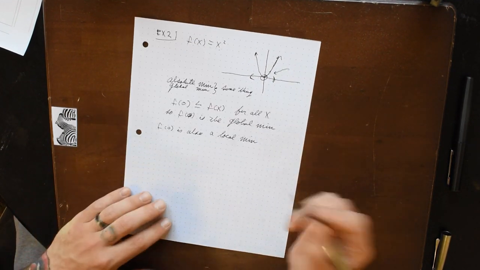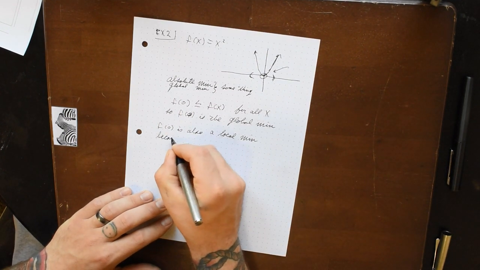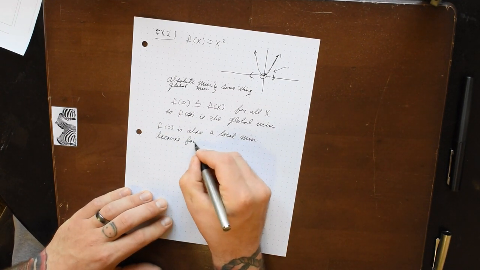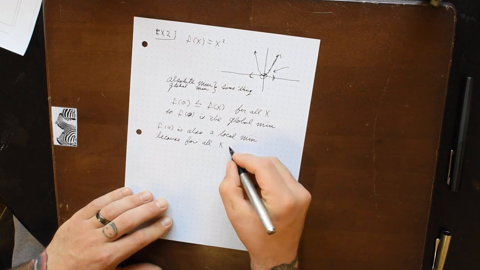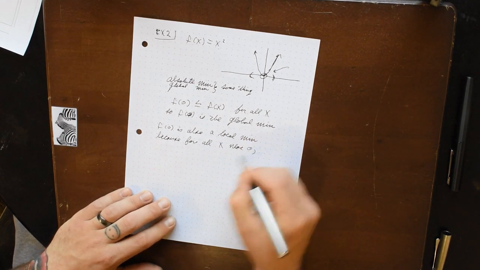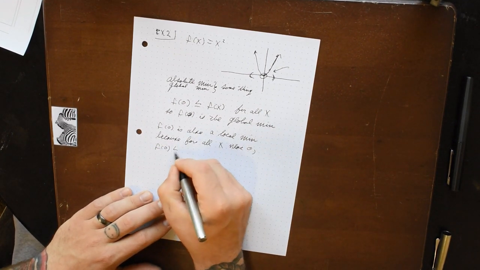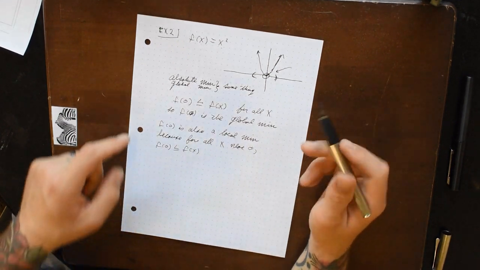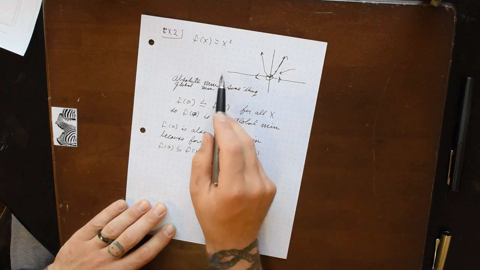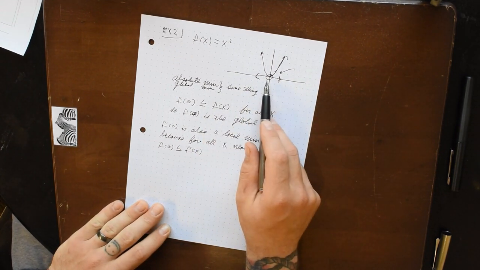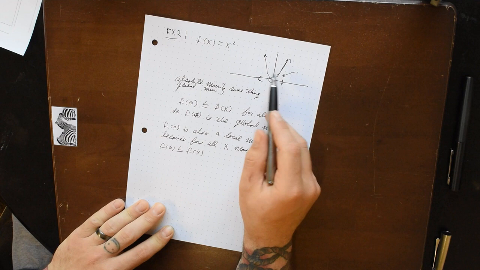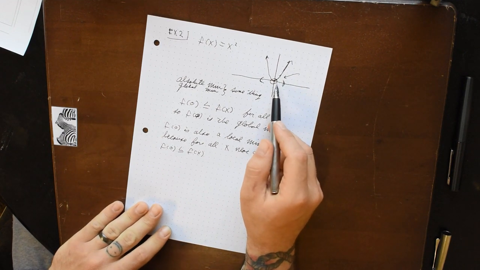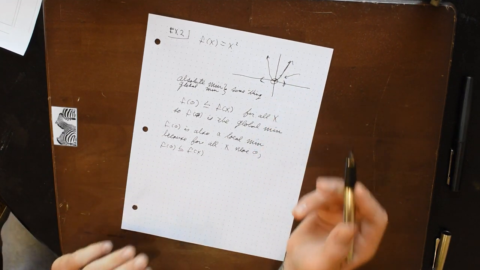F of 0 is also a local min because for all x near 0, f of 0 is less than or equal to f of x. So we have this global min because out of every element of the domain it's the smallest number, and we have a local min because when we look near that value of x we get this minimal value.